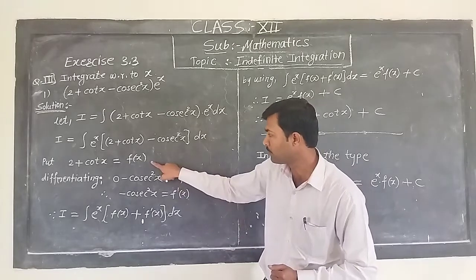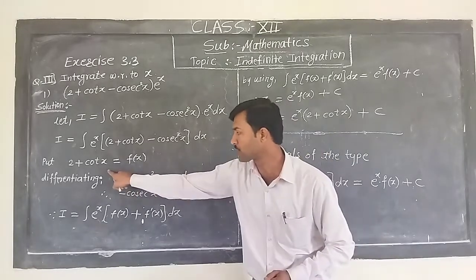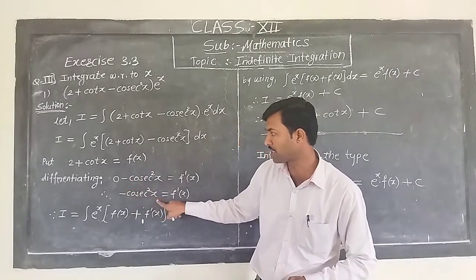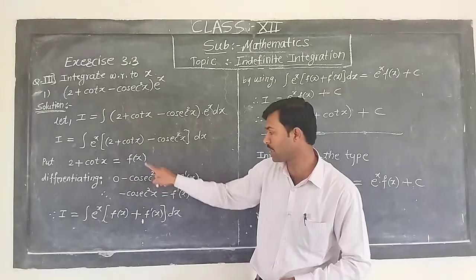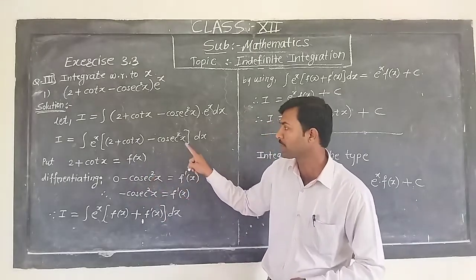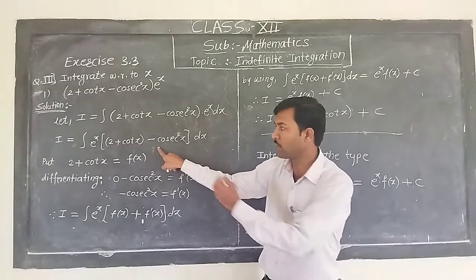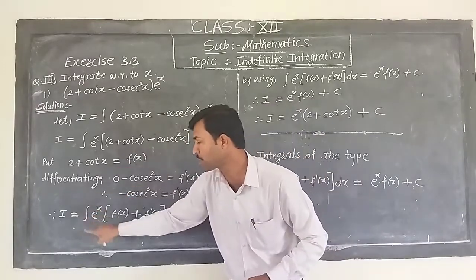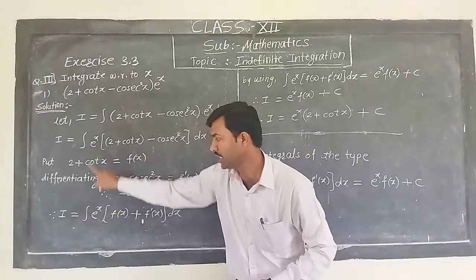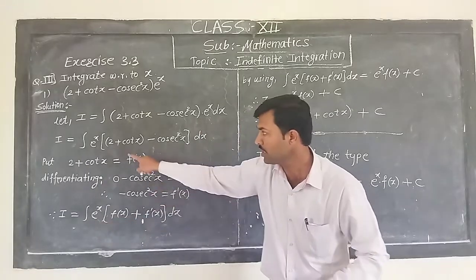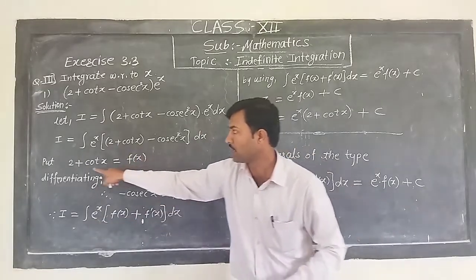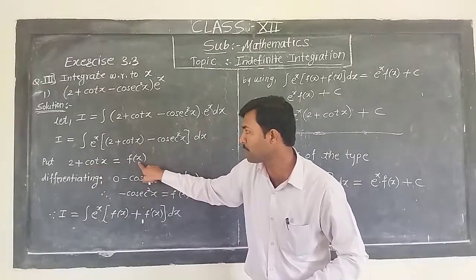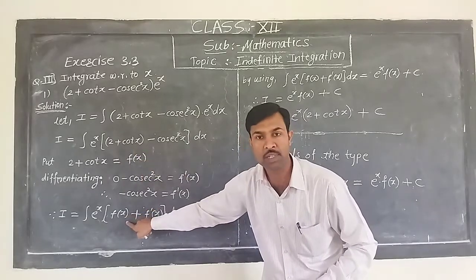Friends, hence I get minus cosec square x is equals to f dash x. If I replace both 2 plus cot x and minus cosec square x by their substitution, that is f of x and f dash x, then my equation I becomes: I is equals to integration of e raised to x into 2 plus cot x. I have replaced 2 plus cot x by f of x, so I write here f of x.